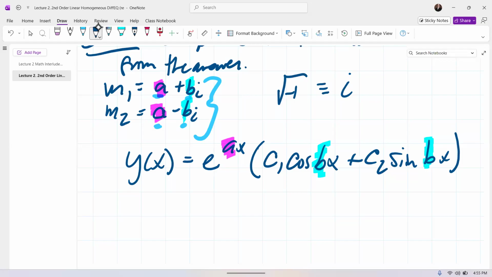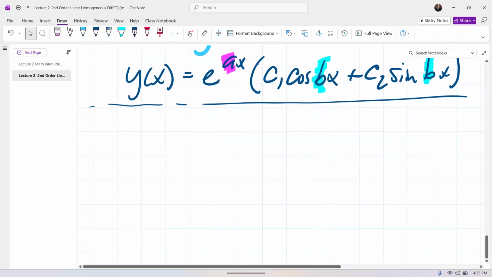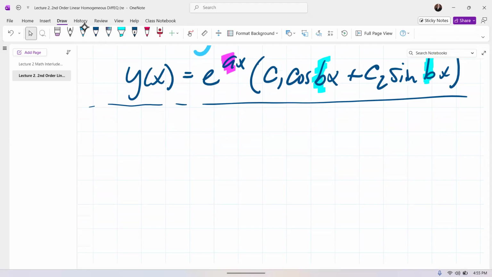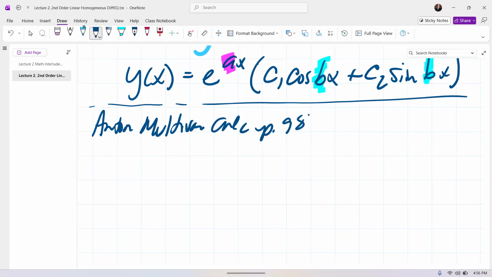All right, so we've now seen how to do this in a very generalized way, but you might be interested in what a real problem actually looks like. So I thought we would next go ahead and actually solve a real problem. I will also note that in the scans I've provided for you, Anton multivariable calculus, this is page 983 to 987.